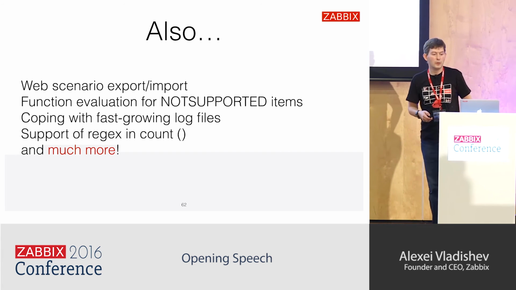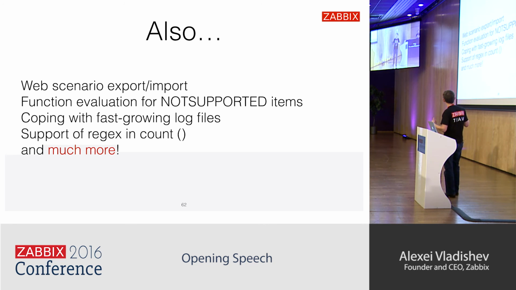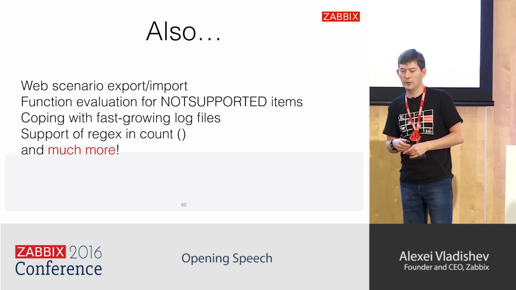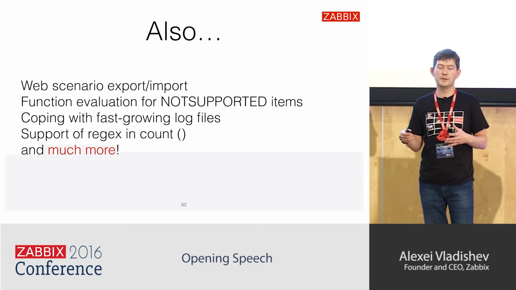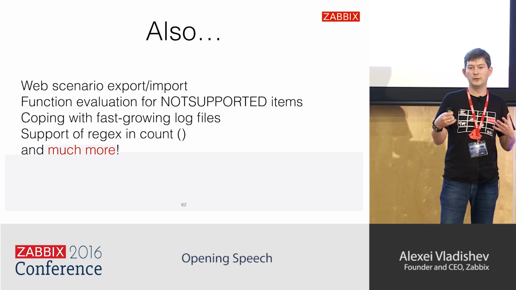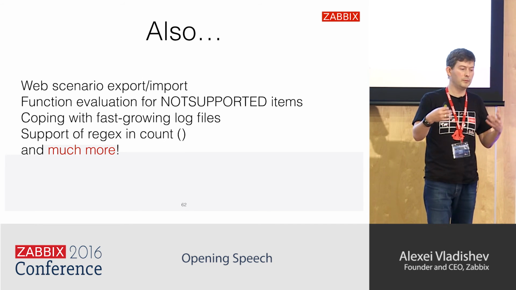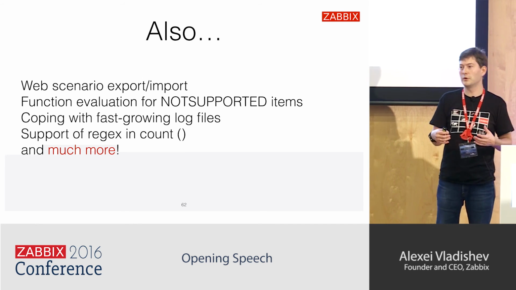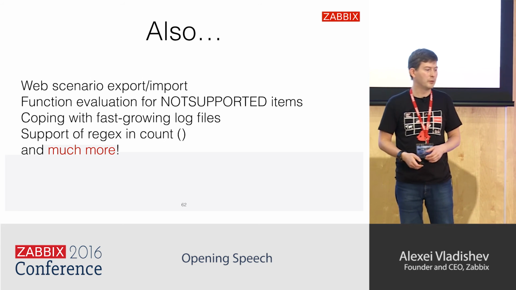So we basically don't care what the value of the B part of the expression is. We made some improvements to cope with fast-growing log files, because if a log file is being monitored, it grows very fast, and it may basically kill your client side, it may kill your network, and it may eventually kill a Zabbix server if it's growing, I don't know, like terabytes per hour.